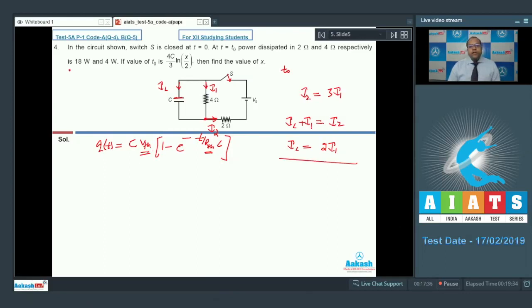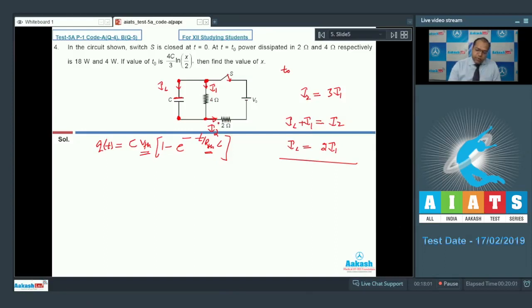In order to calculate the Thevenin potential difference across the capacitor at time t, I have to find the potential difference between these 2 points. That is also equal to the potential difference across the 4 ohm resistor. That can be written as, at that moment in a steady state, the current will move in this circuit.